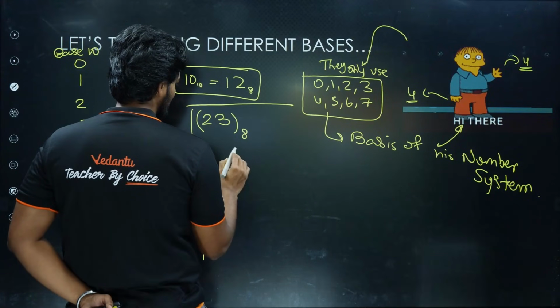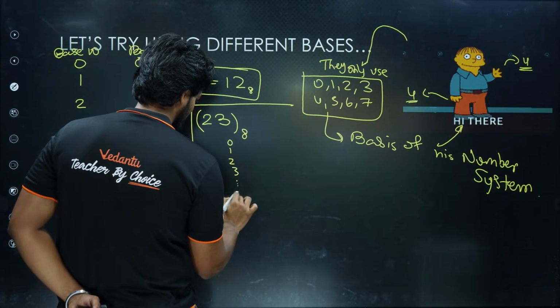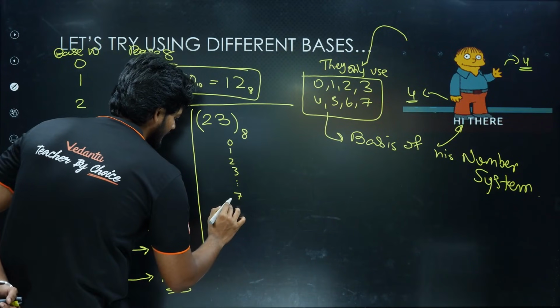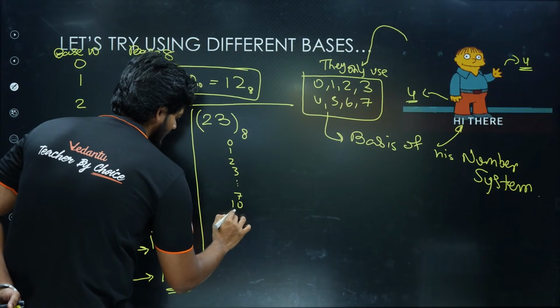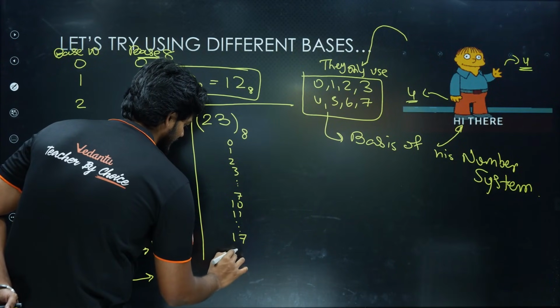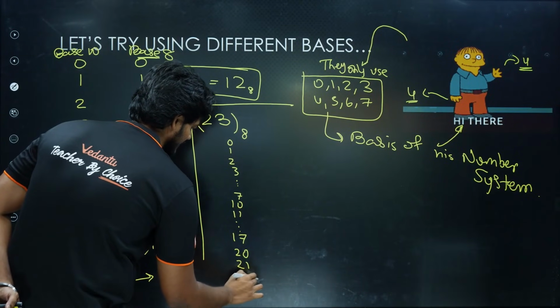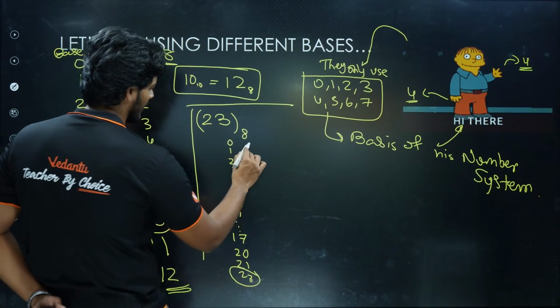So their 23 means they are starting with 0, 1, 2, 3 till 7, and then they have 10, 11 till 17, and then they have 20, 21, 22, 23. This is the number. So what is that?